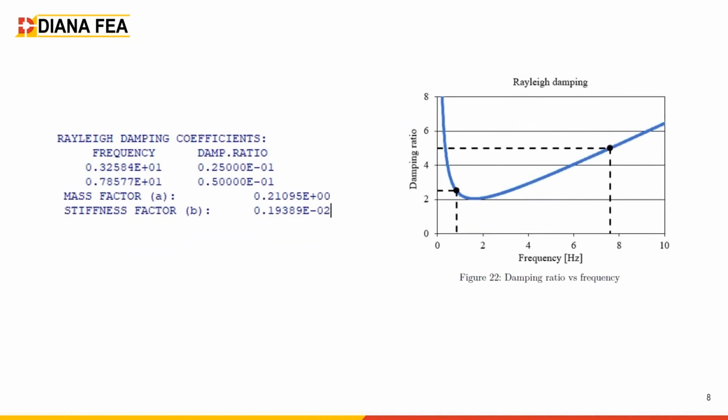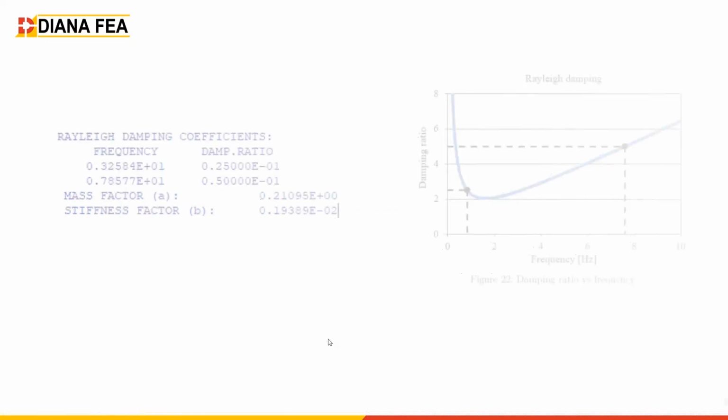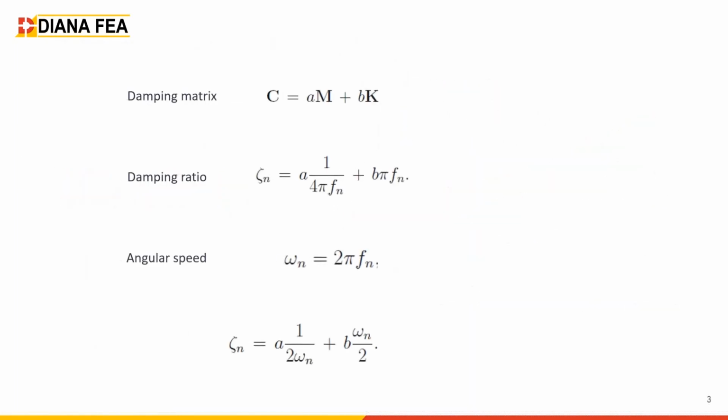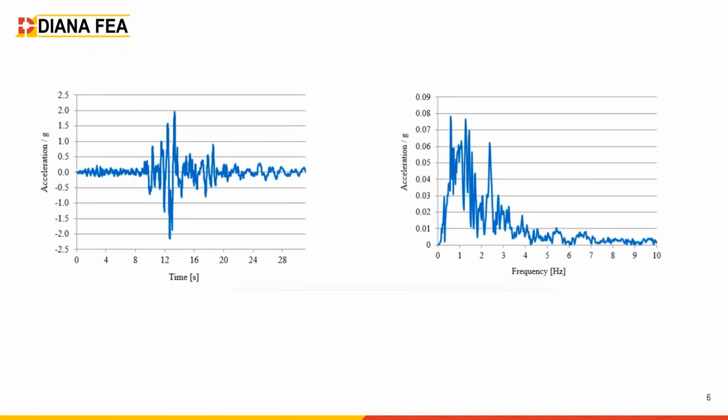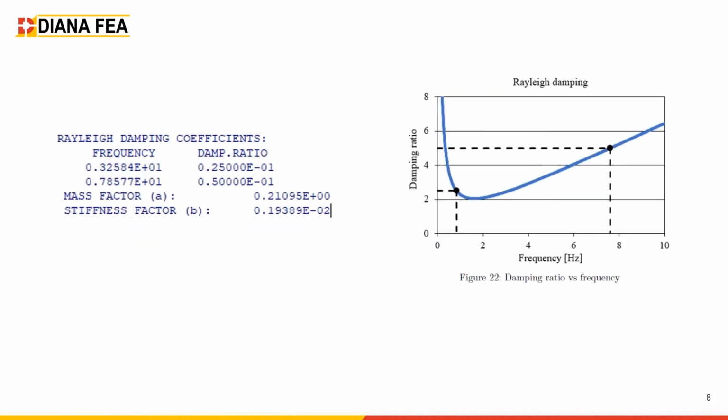If we substitute the obtained values A and B, and we use our damping ratios 0.025 and 0.05 in this equation of the damping ratio, we can plot the curve, which is the damping ratio versus the frequency.